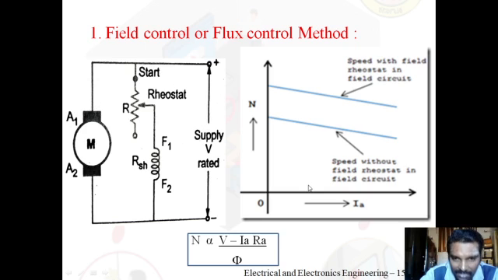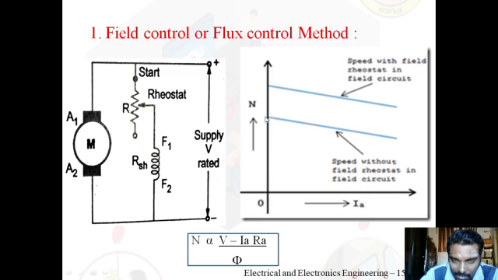As Ia increases, the IaRa drop increases. As the IaRa drop increases, V is constant, then automatically the resultant of the numerator equation decreases. As the RHS of the equation, numerator, decreases, automatically the speed of the motor gradually decreases.